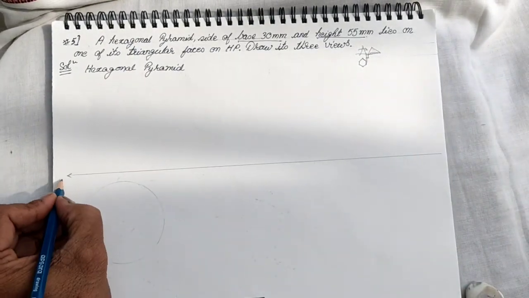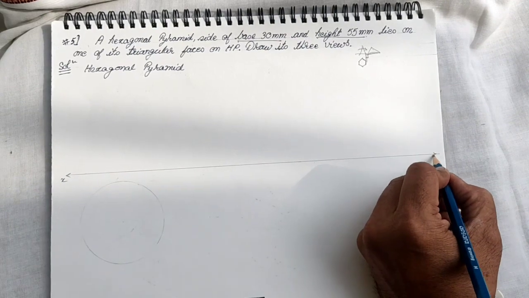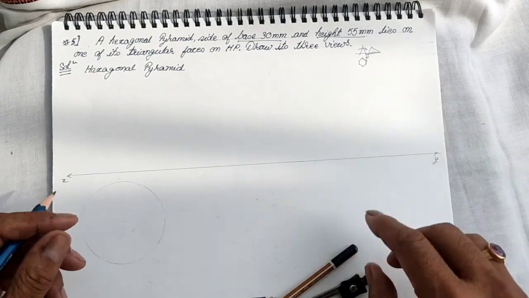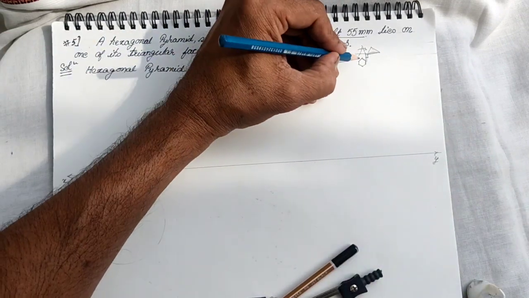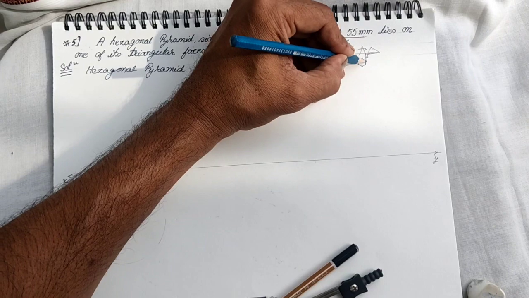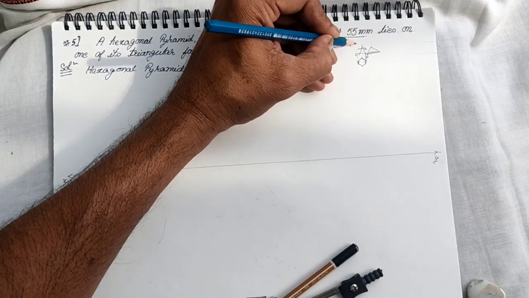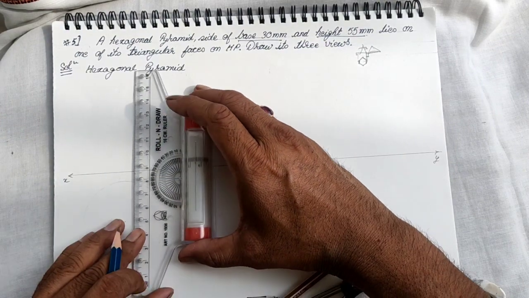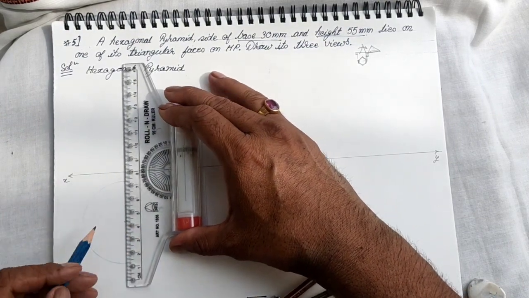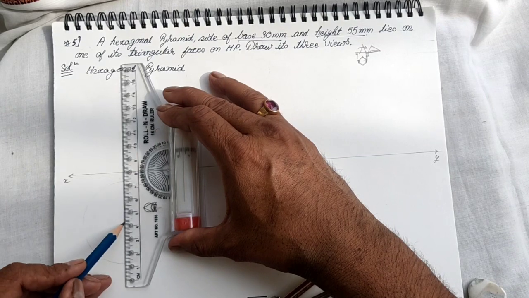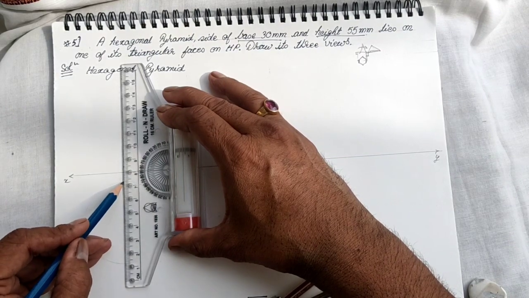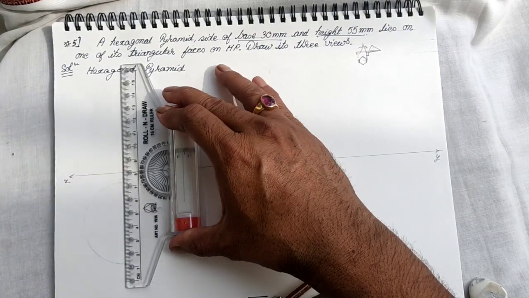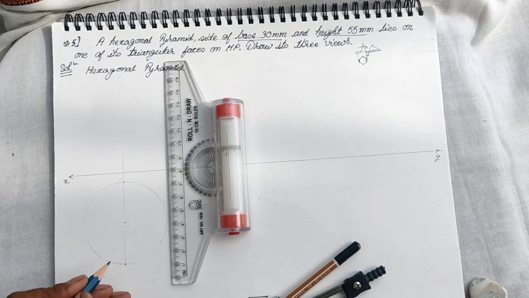So this is the reference line XY. Now we want the hexagon to be like this. That means I want two opposite parallel base edges to be perpendicular to XY. That is why the first 2 points we are going to select will be the 2 points perpendicular to XY line, right?